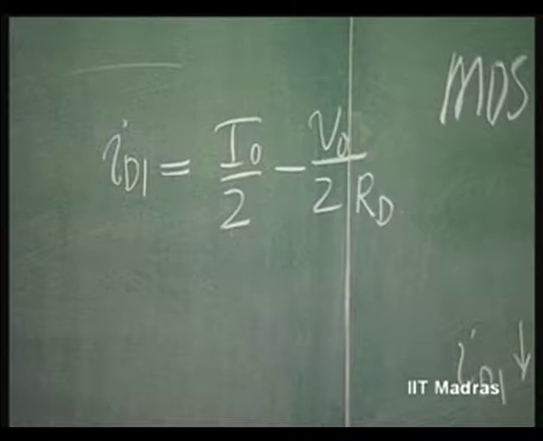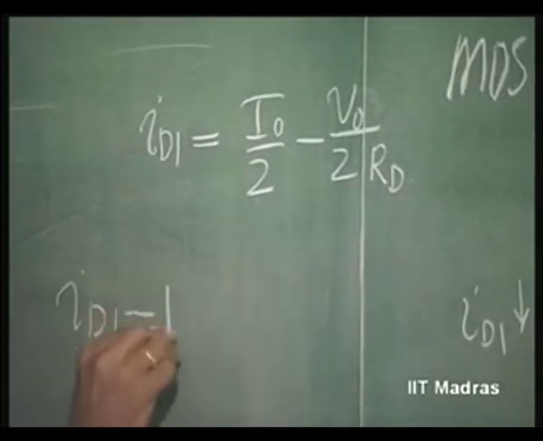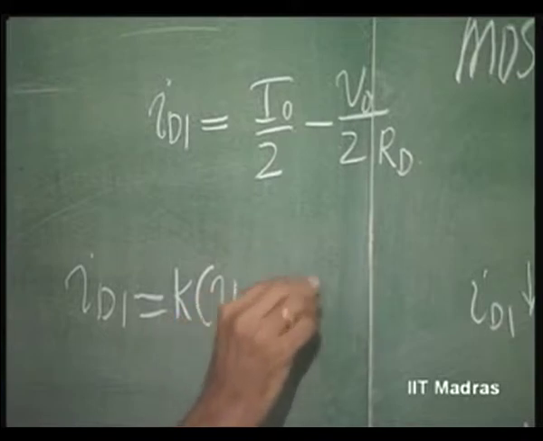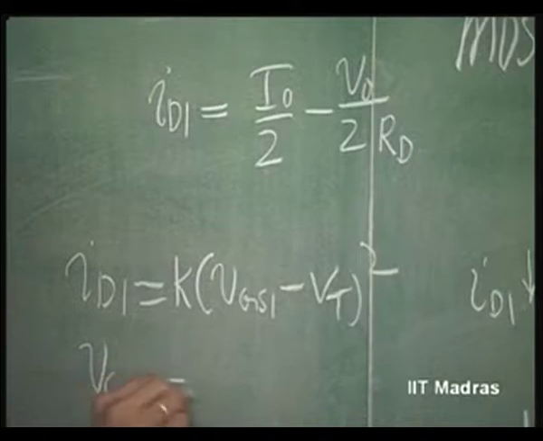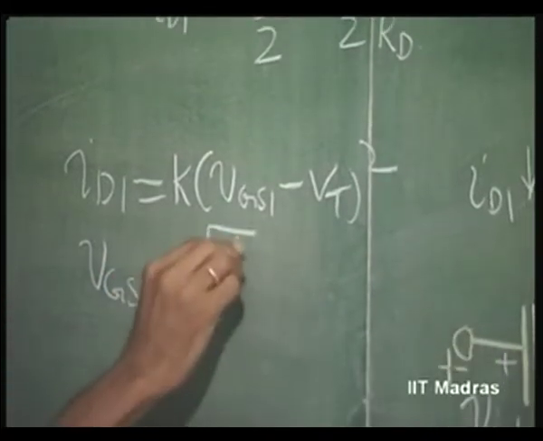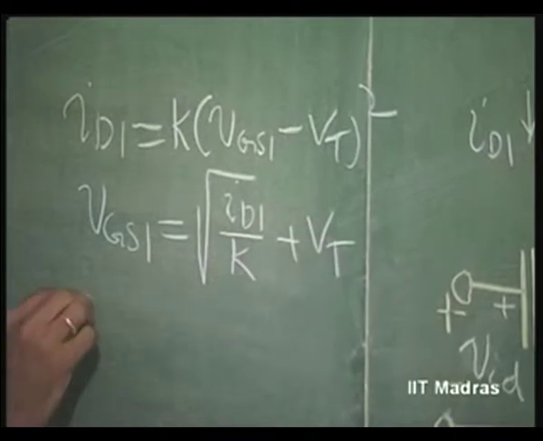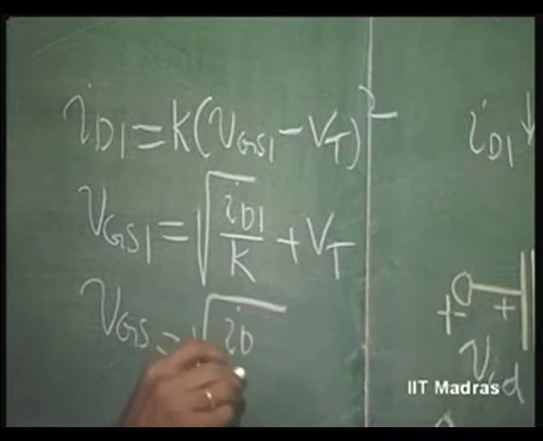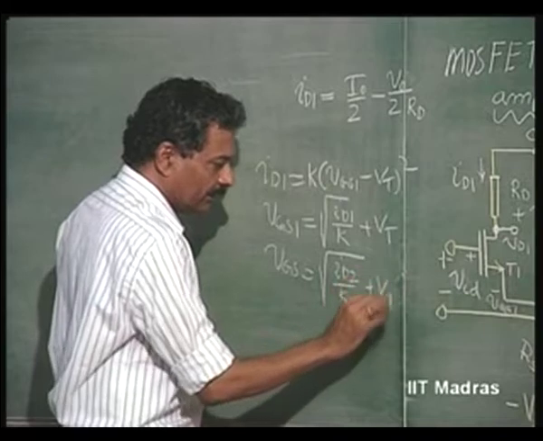Now, ID1 is also known to be equal to K into VGS1 minus VT whole squared, from which we get VGS1 as root of ID1 by K plus VT. Similarly, VGS2 is root of ID2 by K plus VT.